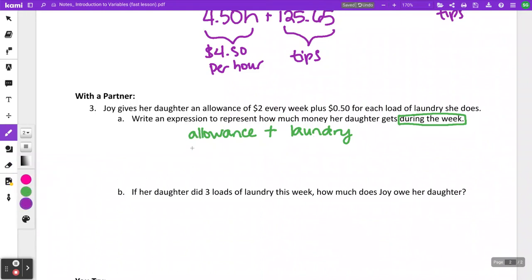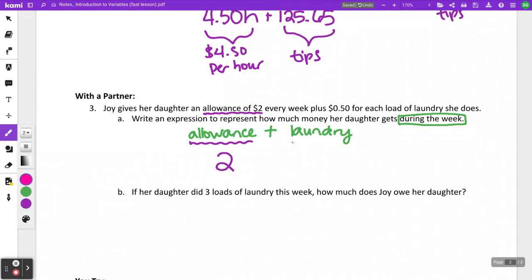So let's talk about each of those parts. How much money does she get from allowance during the week? Her allowance during the week is $2. During the week, every week, she's getting $2. So for my allowance, I'm going to put down the number 2.